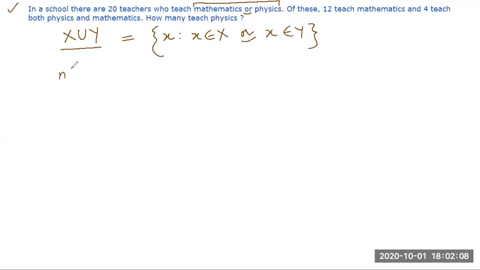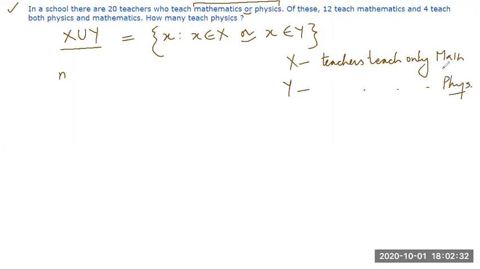So basically, if we consider X as the teachers who teach only maths, and Y as the teachers who teach only physics. Hello, Amitoj Singh, are you hearing? Yes. Good.